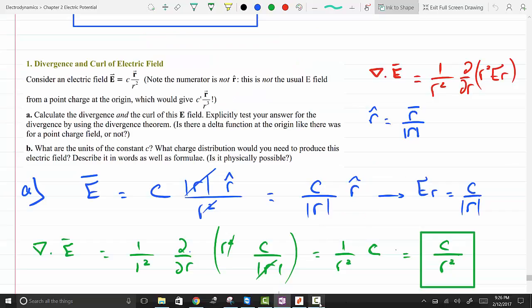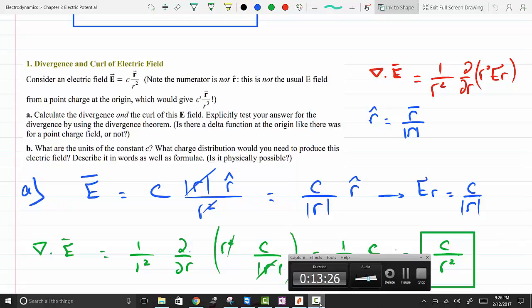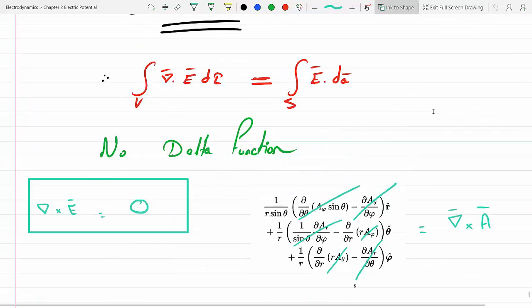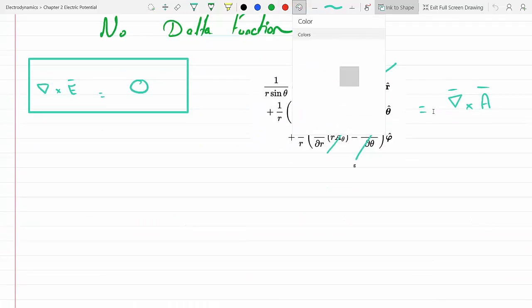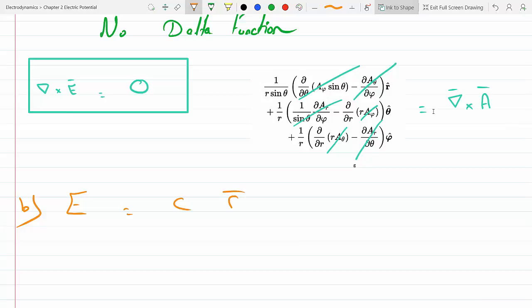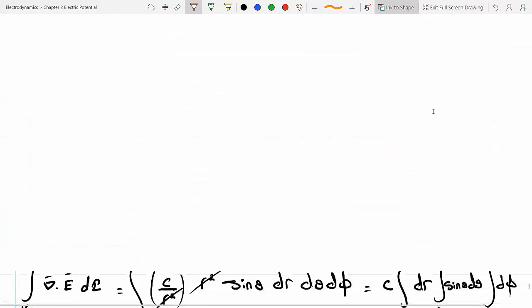Okay, now it's asking what are the units of C. Well, that should be fairly evident from the relationship, because we know that E, this is part B, is equal to C r hat over r squared.